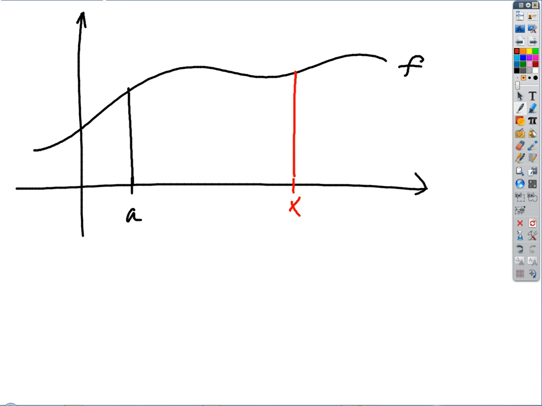Okay, this is slightly different than the definite integrals we've talked about, though, because it does end up depending on x, right? So if we want to represent this area in here, let's call it capital F of x, and it is a function of x. Now I could write that maybe in this form.